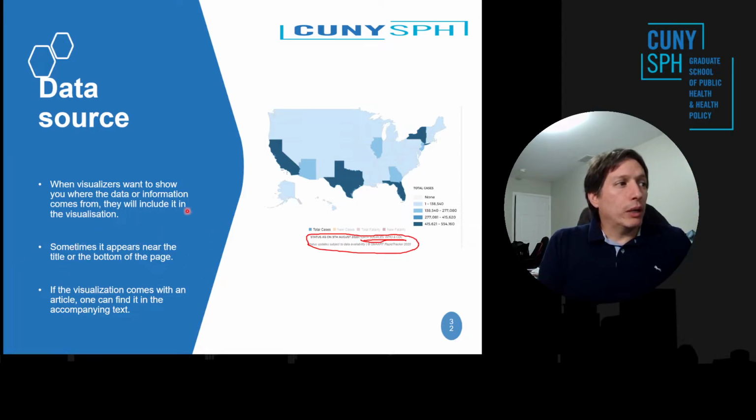Sometimes it's going to appear near the bottom of the page, or if the visualization is within an article, then it's going to be in the text. But it's really important to always provide the source that we are using in order to create some trust in the audience.